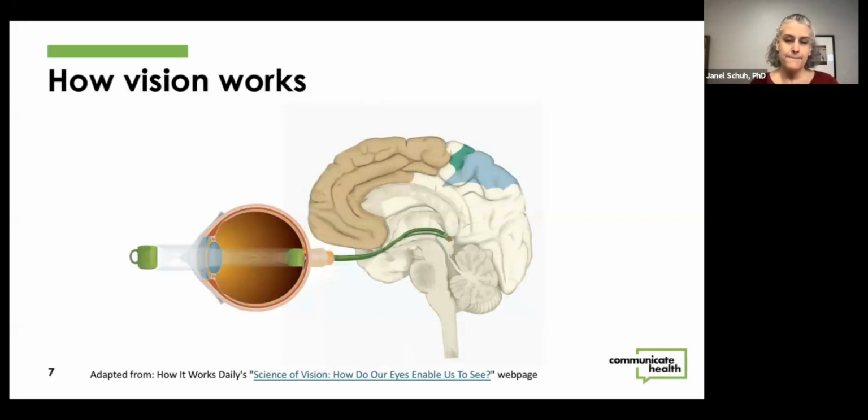A lot of vision takes place in the occipital lobe at the back of the brain, but actually there's research to support that it involves all 4 lobes of the brain. It connects to memory, it connects to perception, and it also connects to attention.